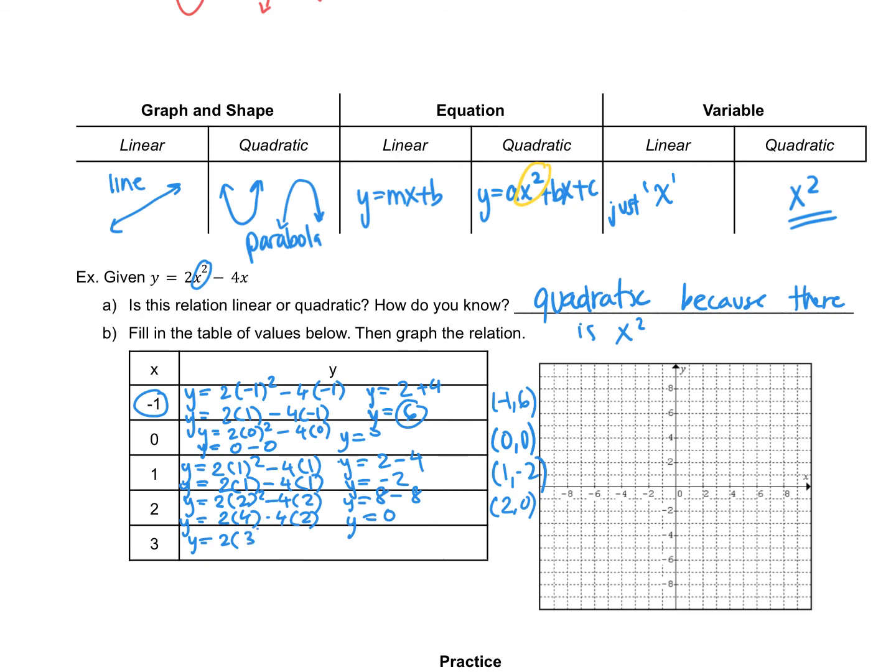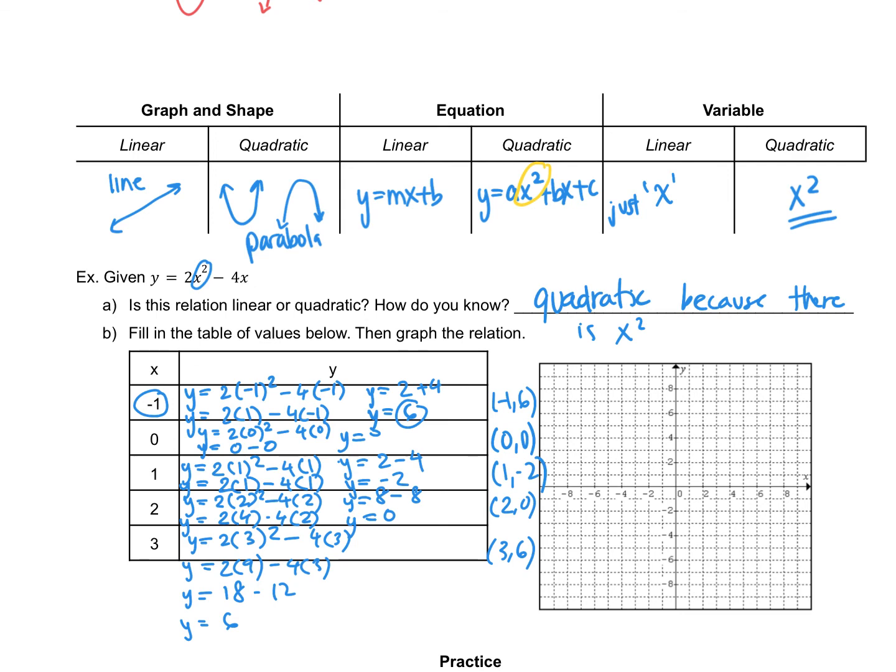And finally, 2 times 3 squared minus 4 times 3. 3 squared is 9. Now for the multiplication, 2 times 9 is 18. 4 times 3 is 12. And 18 minus 12 is 6. So our last coordinate is 3, 6.